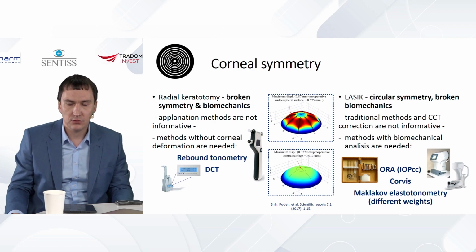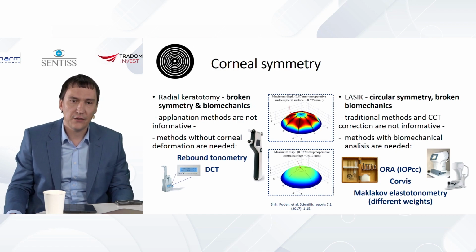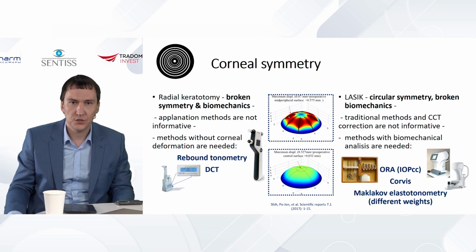By LASIK, by keratotomy, it is broken by mechanics, and the circular symmetry is broken. The only thing is contour tonometry or point tonometry, which can be useful. So now we have these devices available, and even if the circular symmetry is broken, we can get much more reliable, real results, and this is extremely important.